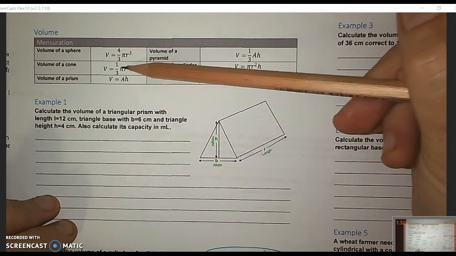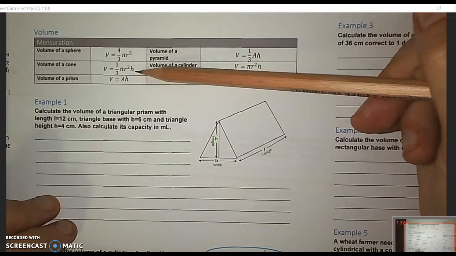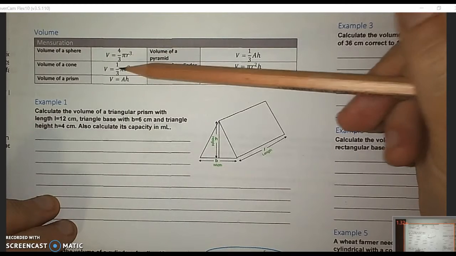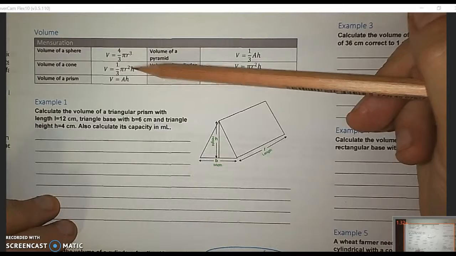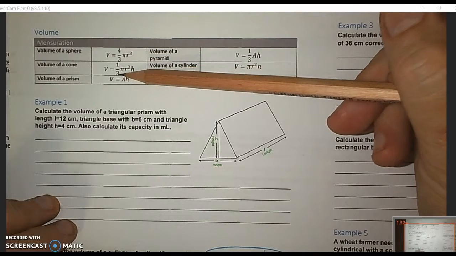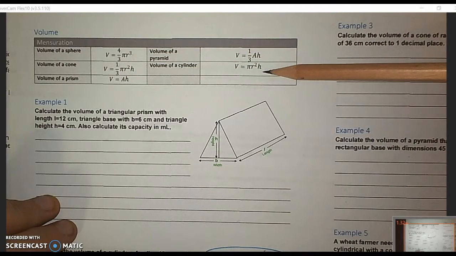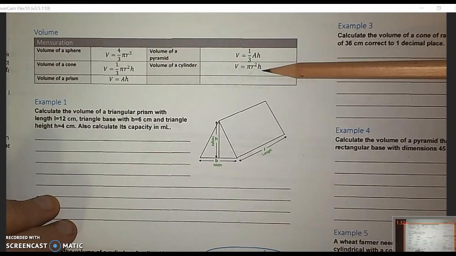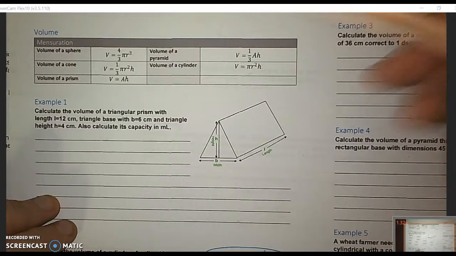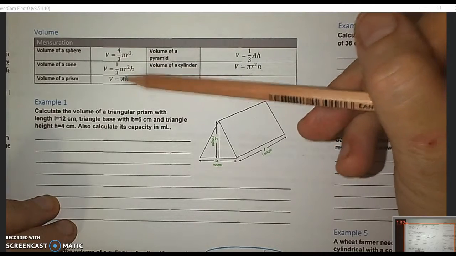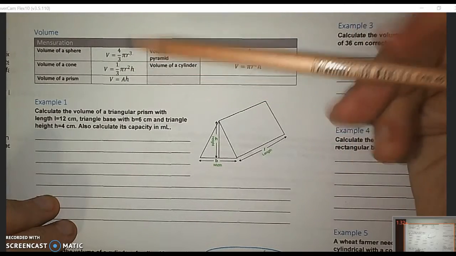Volume of a cone, it's the area of the base, pi r squared, times h, divided by 3. Volume of our cylinder, area of the base, times by height. Volume of a prism, area of the base, times by the height.